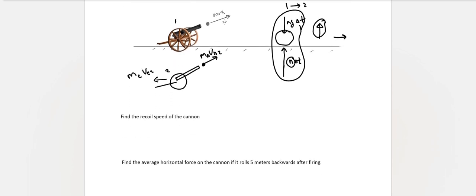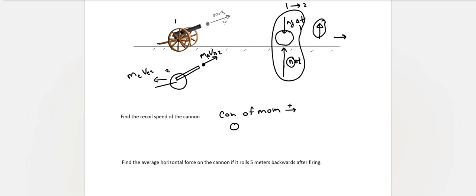Moving on. Now if we write a conservation of momentum equation in this direction, we'll call that way positive. The net momentum in picture 1, remember, the cannonball is inside the cannon and not moving yet, so our total momentum is 0.